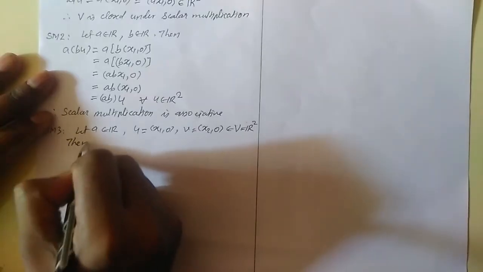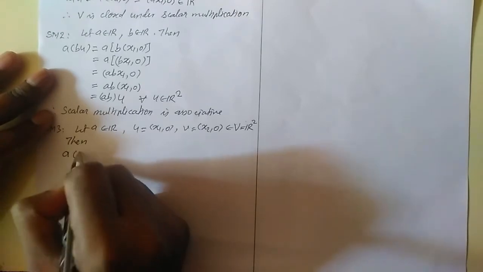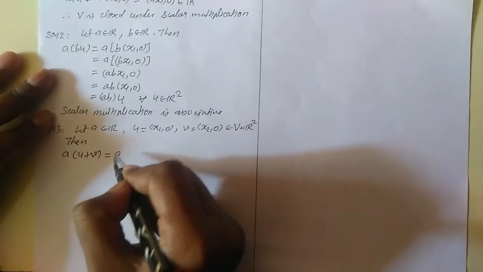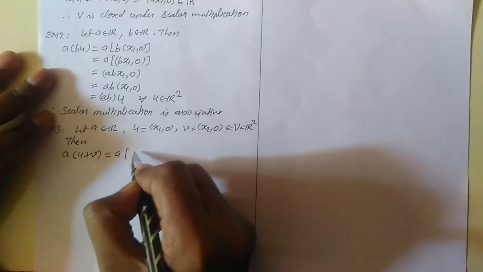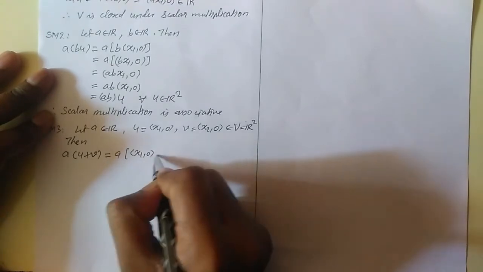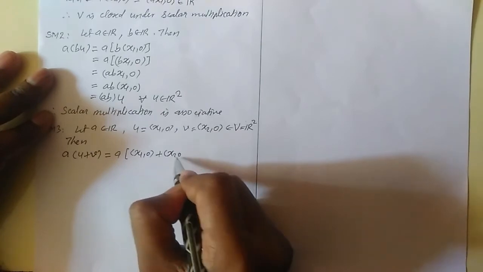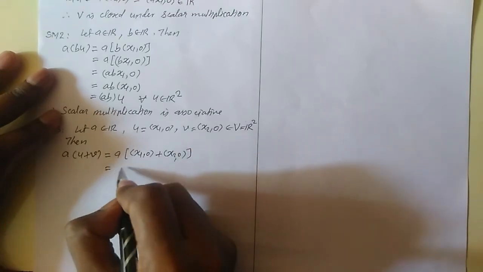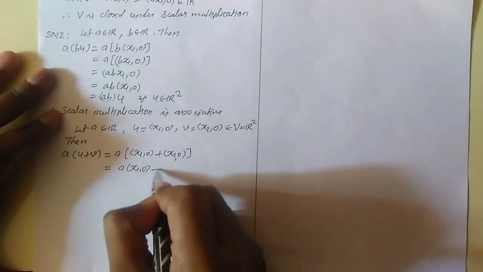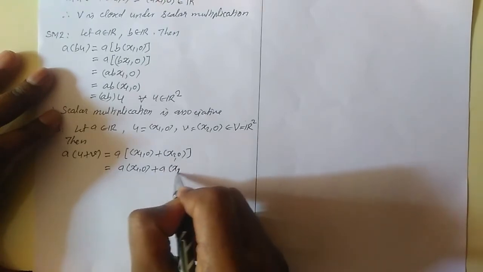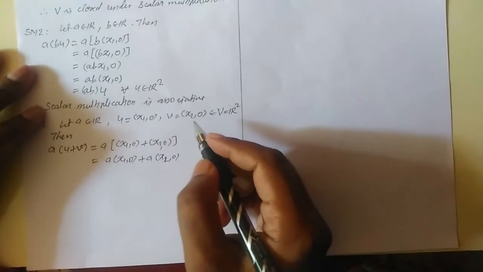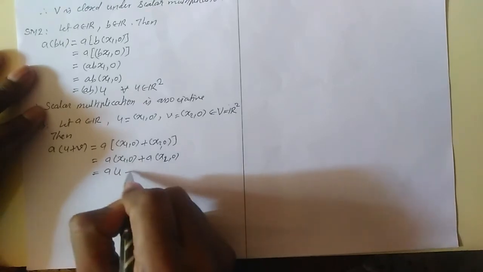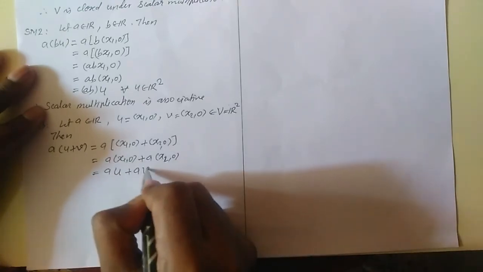Then a(u + v) = a((x1, 0) + (x2, 0)). Simplifying, we multiply inside: a(x1, 0) + a(x2, 0), which is au + av.